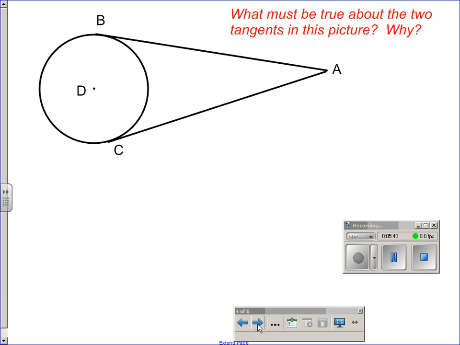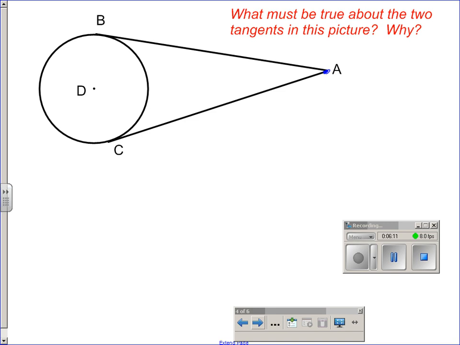Okay. Another thing I would like you to try to do that we'll talk about in class. Look at this picture. What we have is two tangents. They're both starting at point A, both going to the same circle. What must be true about these two tangents? So I want you coming up with an idea of what you think is true. And I want to know why.